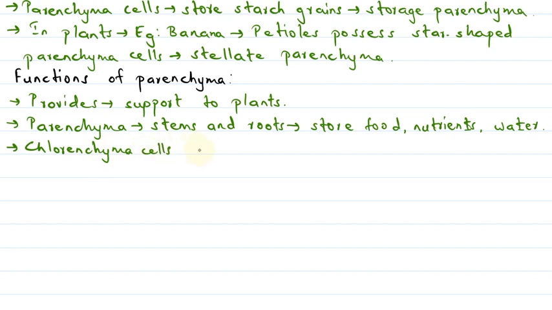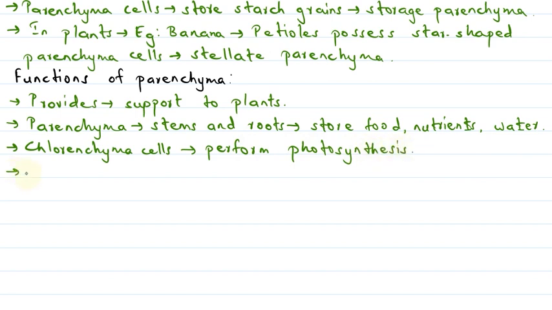Okay, then the chlorenchyma cells contain chlorophyll, we had already discussed, and thus they help in performing the process of photosynthesis. Okay.